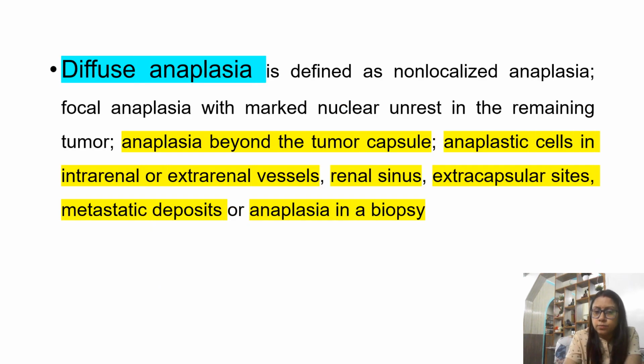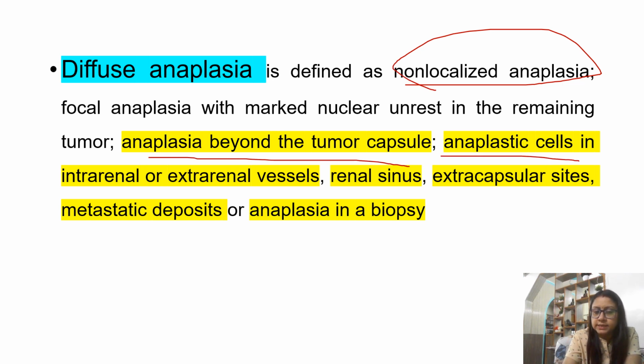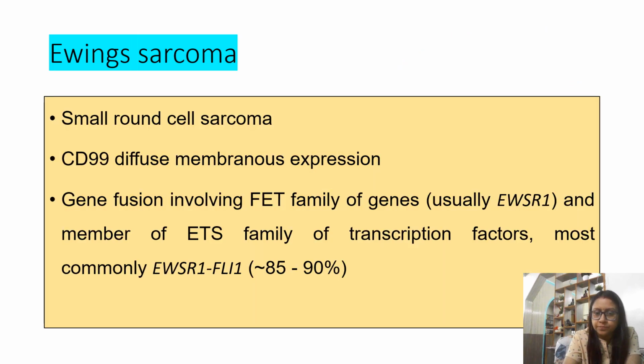Diffuse anaplasia किसको हम बोलते हैं? That is non-localized anaplasia. Anaplasia beyond the tumor capsule, anaplastic cells in intrarenal or extrarenal vessels, renal sinuses, extra capsular sites, metastatic deposits, or anaplasia in a biopsy. So this was all about your Wilms tumor.